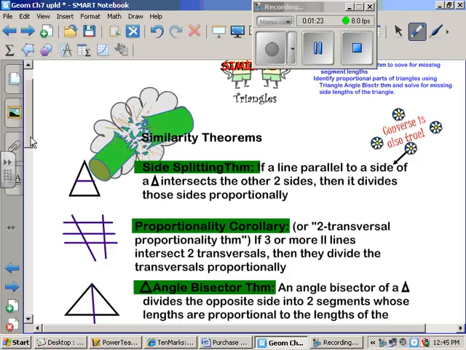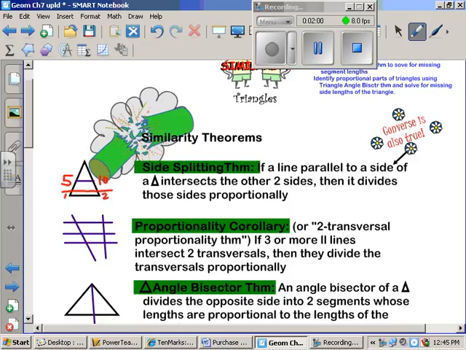But you can have parallel lines anywhere. You can draw a parallel line like that. You could draw a parallel line like that. Any parallel line to the side is going to divide the other remaining two sides, going to split them proportionally. So for instance, if this red line were parallel to this one, it could split this into 1 and 5, and maybe this one was 2 and 10.